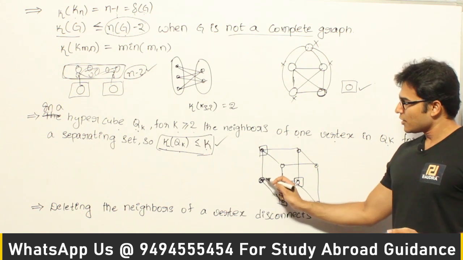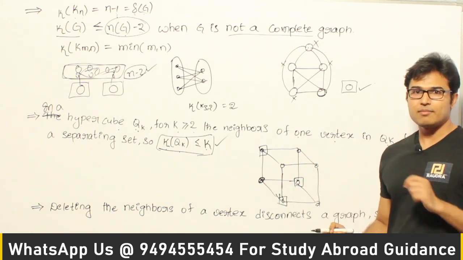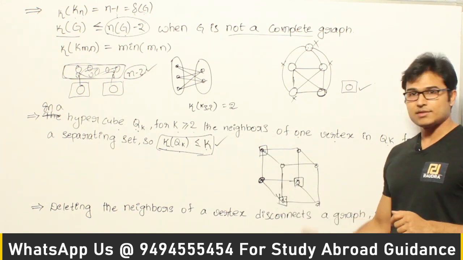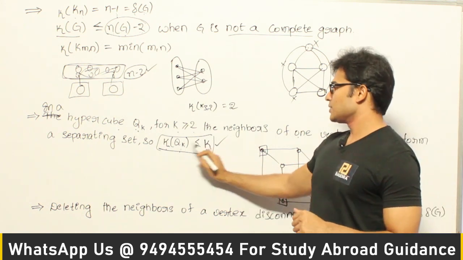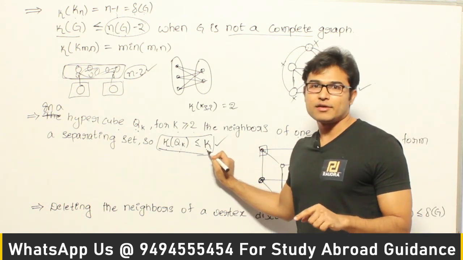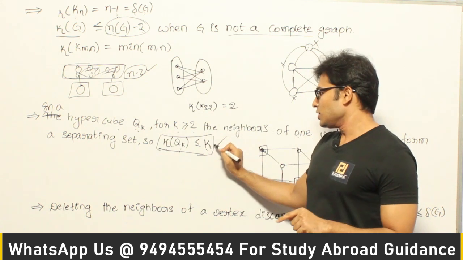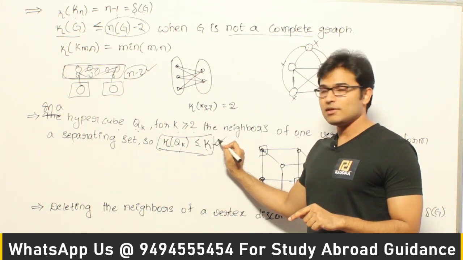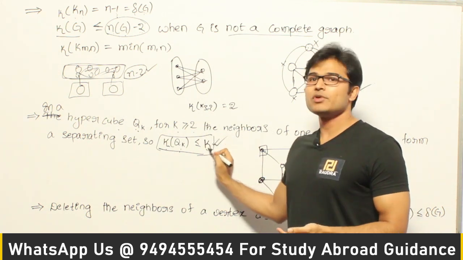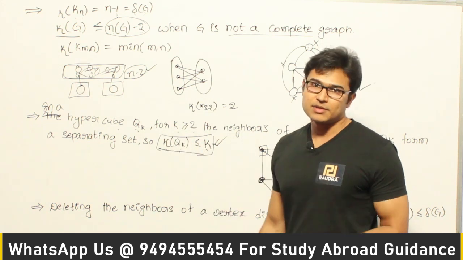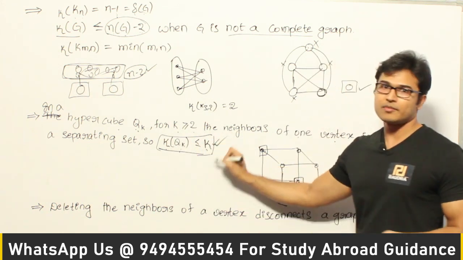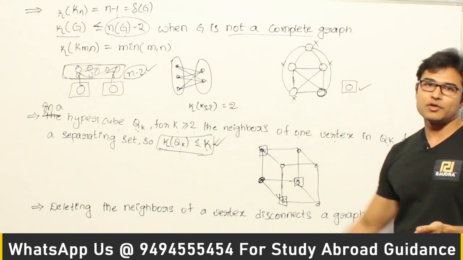Therefore you are able to get 2 components by deleting k vertices. Therefore kappa is always less than or equal to k, which means you need not go beyond that, and in the best case you might be able to do it with less, but I am not interested in that. I just want to know the worst case number. In the worst case you need not go beyond that.